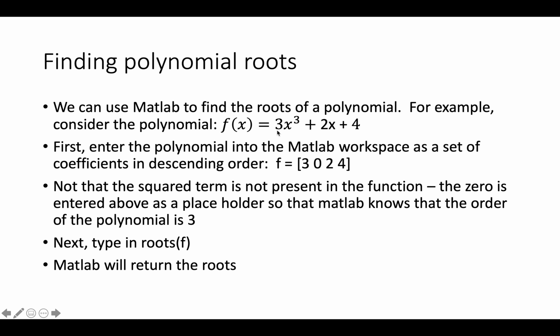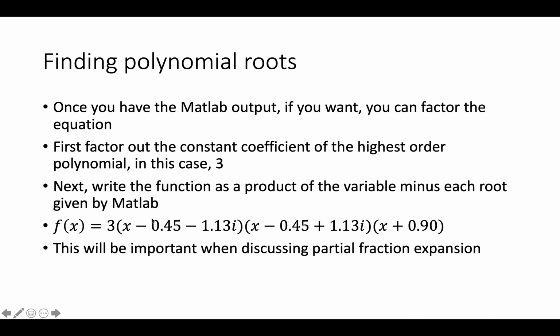If you notice here, this x cubed has a coefficient of 3. MATLAB understands that this is factored out as a constant, and then MATLAB factors the remaining part of the polynomial. So we pull that 3 out, and then we just insert the roots. So this is x minus the first root, x minus the second root, x minus the third root.